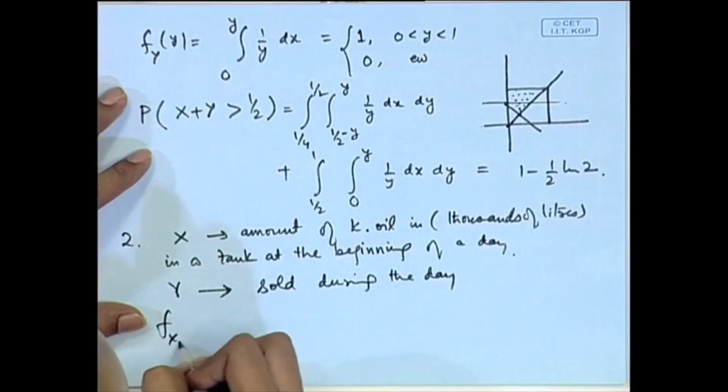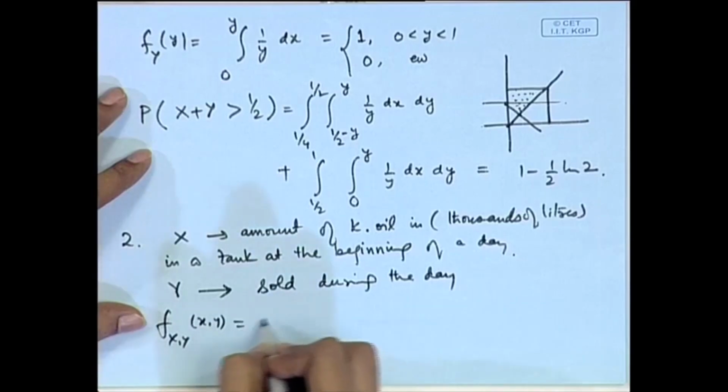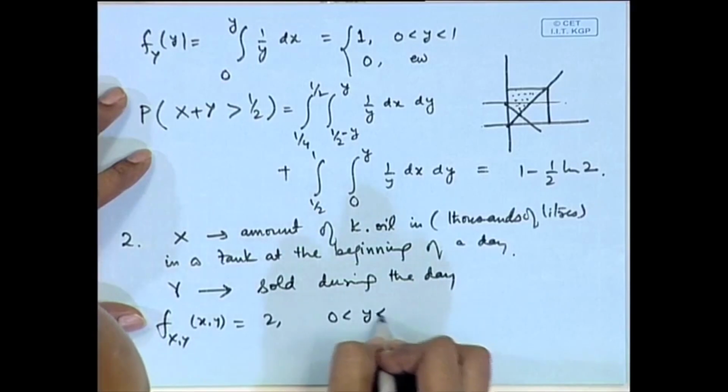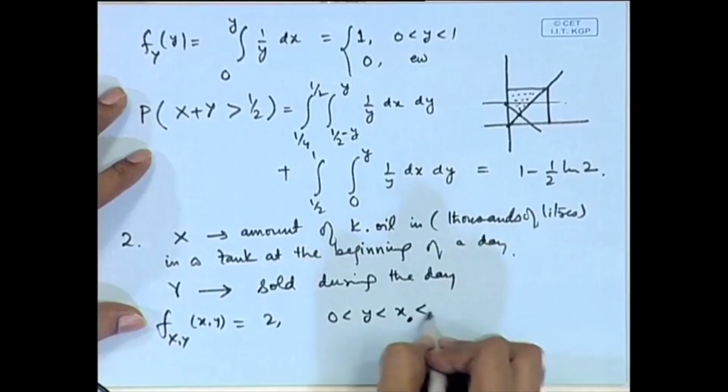So, f x y is suppose given by say 2, 0 less than y less than x less than 1.